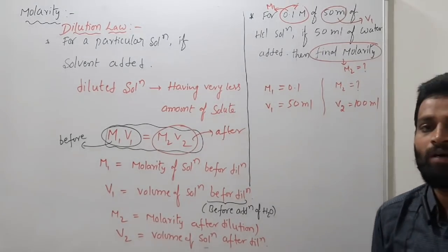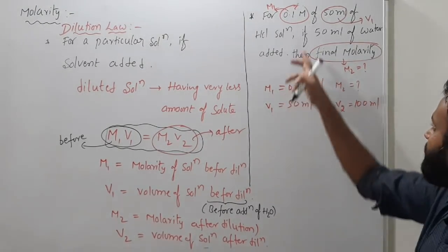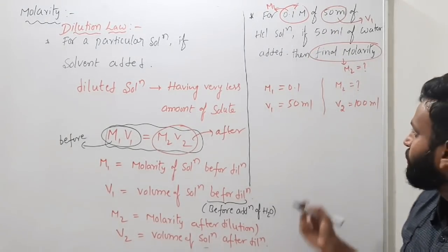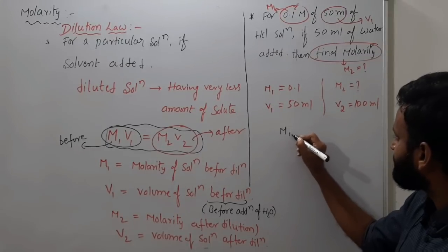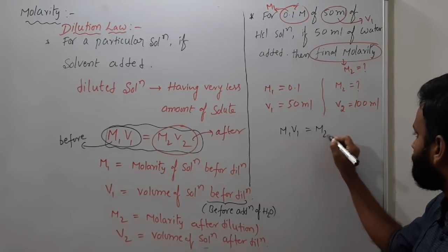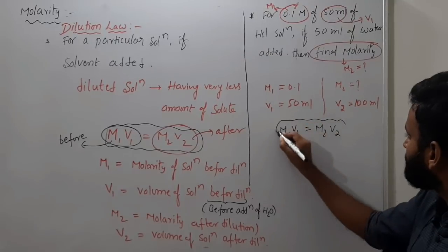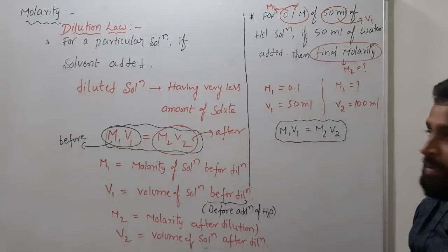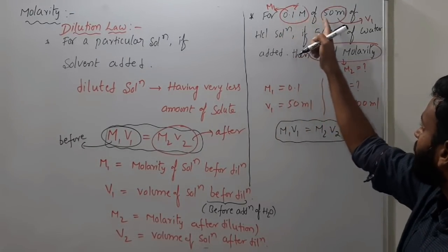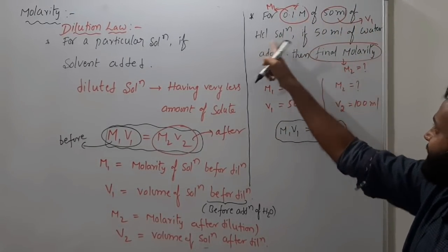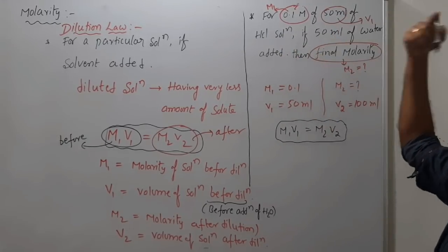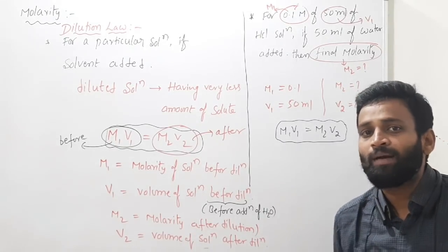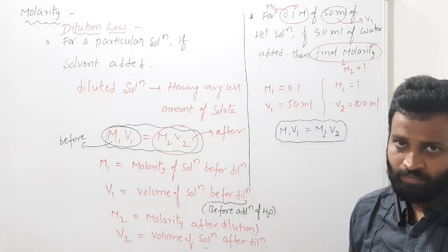Sir, why have you written V2 as 100 ml? Because 50 ml plus 50 ml, 100 ml. Sir, how do you know this relation, M1V1 is equal to M2V2, has to be taken? If the question clearly mentions, for 50 ml of 0.1 M HCl solution, if 50 ml of excess water was added, water added means diluted.